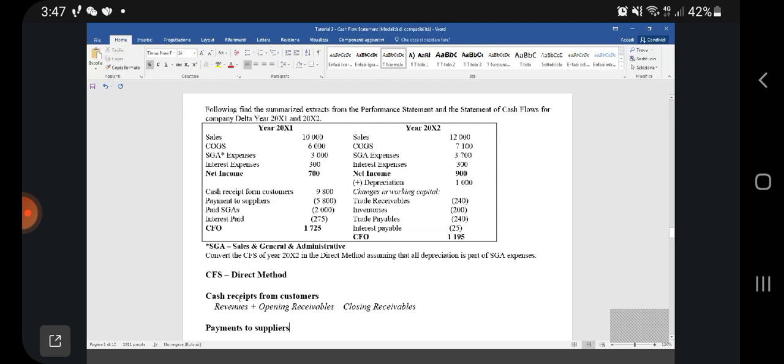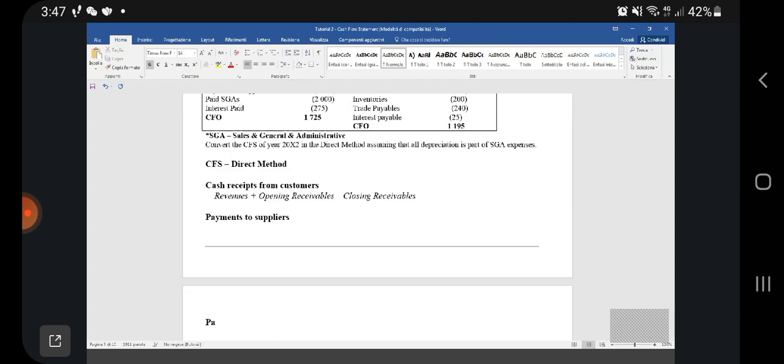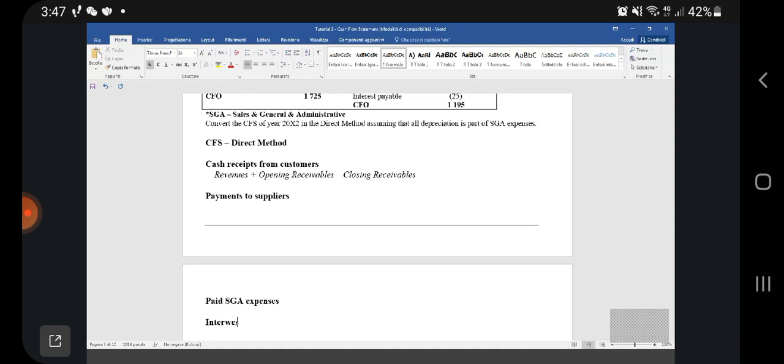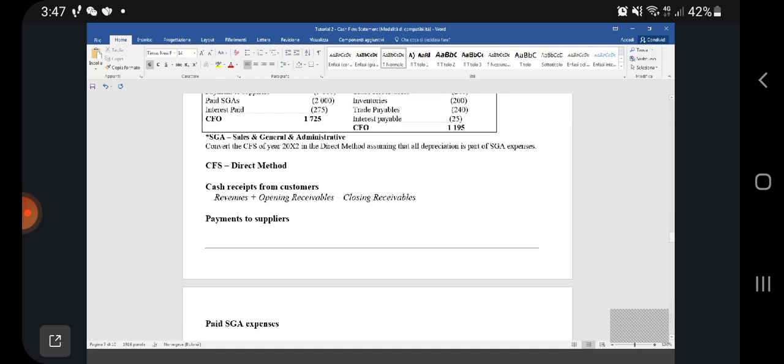The other item would probably be paid selling, general, and administrative expenses. And the last item would be interest paid.